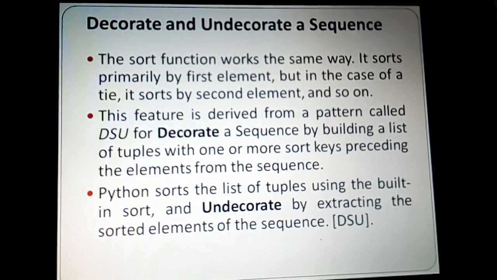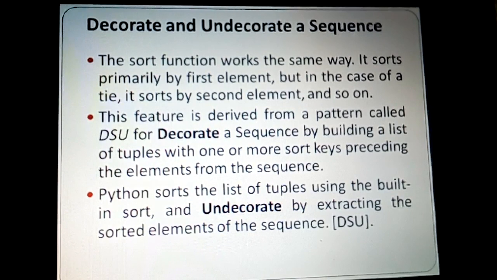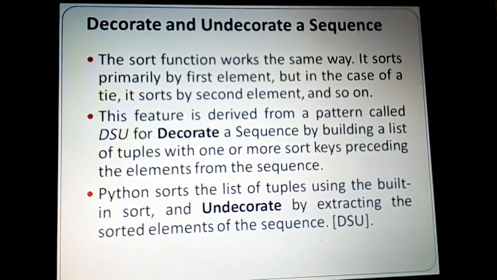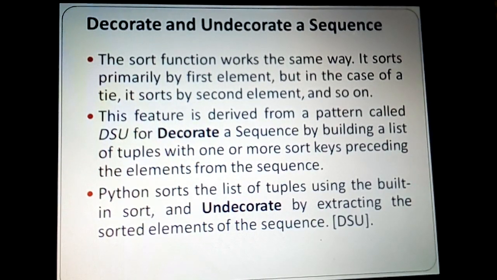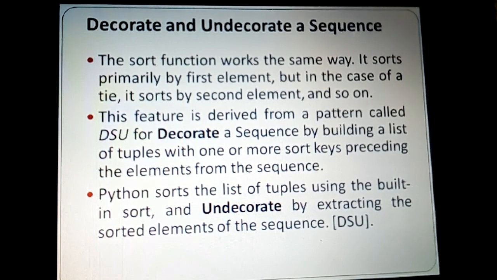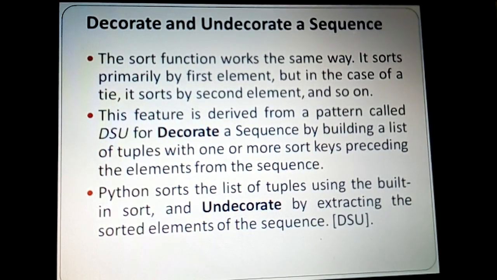So these two concepts can be better understood with an example. What we are going to do is take a set of words in a list, and then sort them based on their length. That is, we'll find the length of each word, and we'll put that length with each word in a tuple, and then print those tuples based on their order.